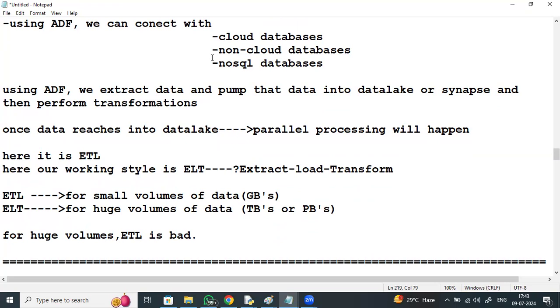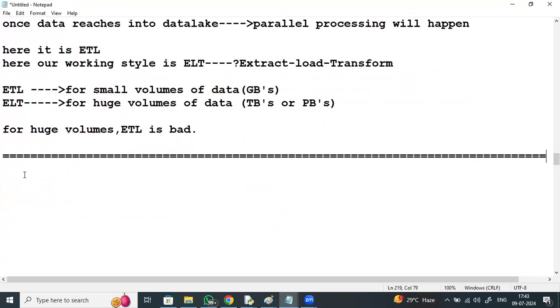Okay, fine. So I was discussing these different Azure products. The first one, Azure SQL, a cloud RDBMS. For what operations?